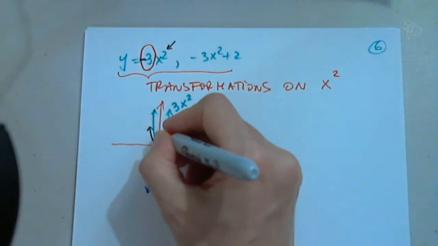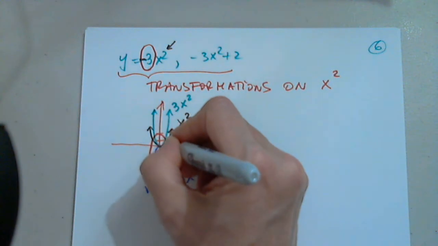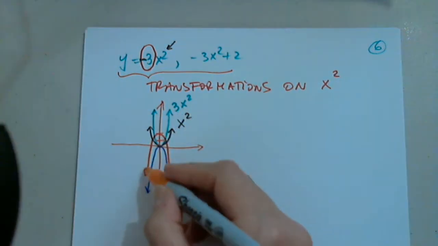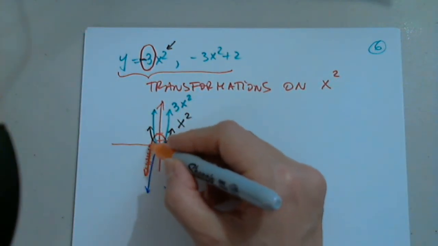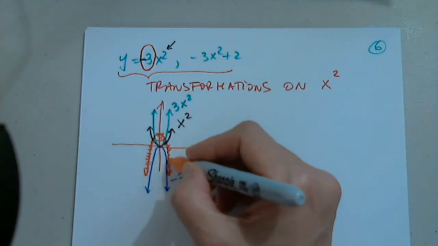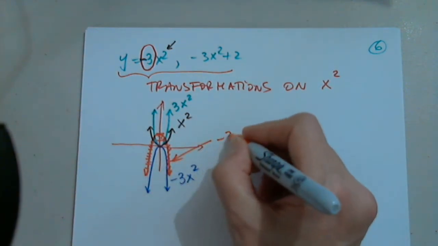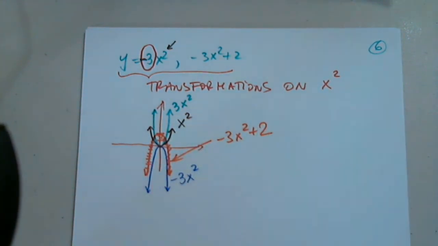Excellent. So here's the graph. So this graph is negative 3x squared plus 2. So these are the transformations. We use transformations to quickly graph the graph.